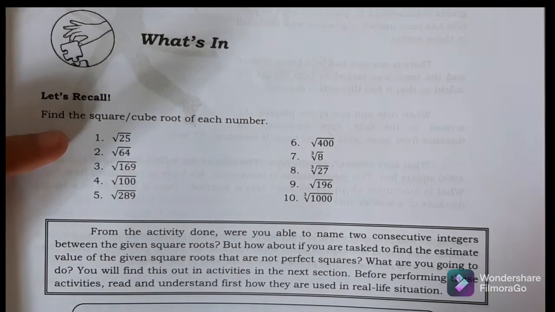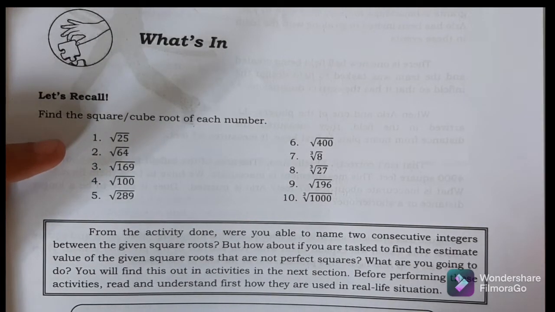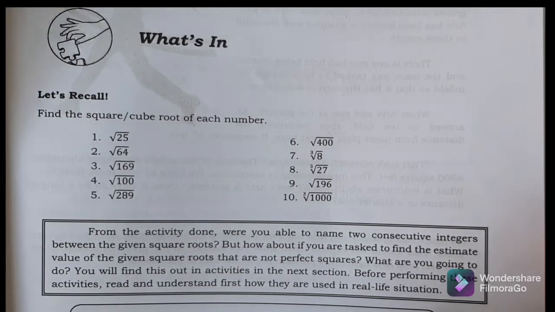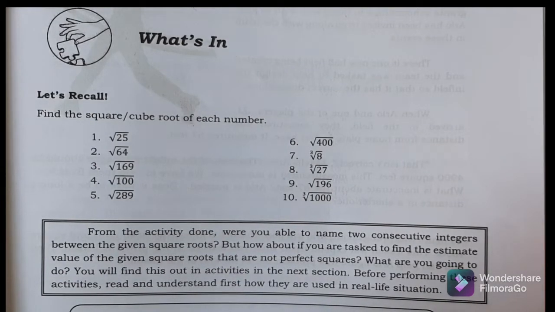Kung titignan nyo sa inyong mga sagot from 1 to 10, these are perfect squares or perfect cubes. So, ano naman ang gagawin natin? Paano na kung hindi sila perfect square or perfect cube? Ano ang mga method na kailangan nating malaman o pag-aralan para makuha natin ang square root or cube root of a given number? So, let's continue our discussion.